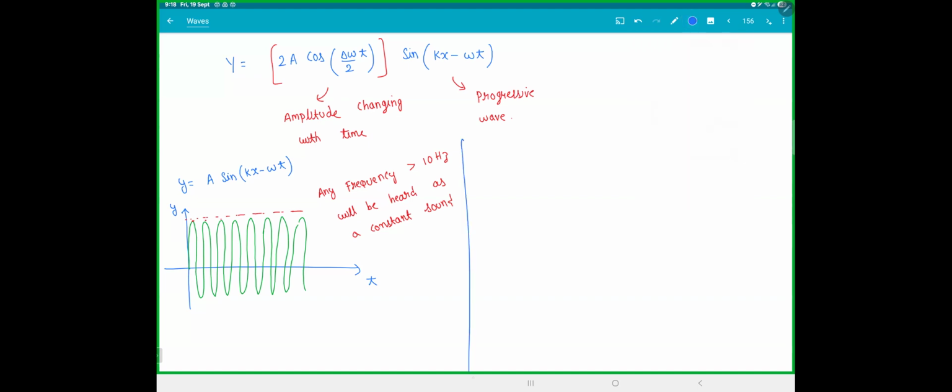But if I try to draw this, you will see something. So when you draw y is equal to 2a cos(delta omega by 2 t) and so on, look at this graph. It's still a progressive wave, but your amplitude is changing with time.